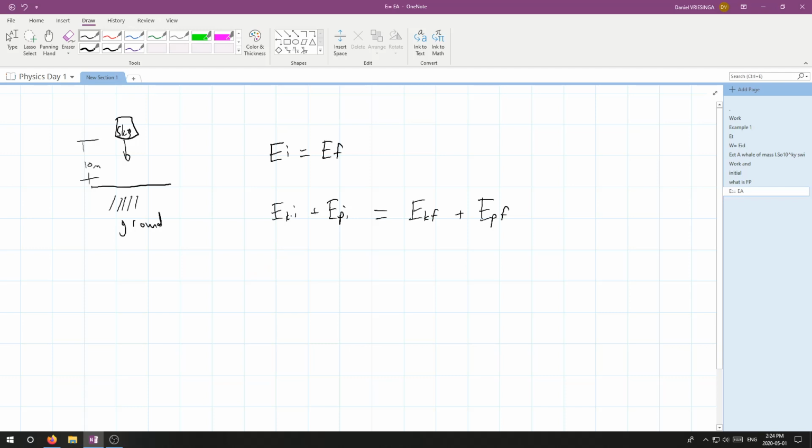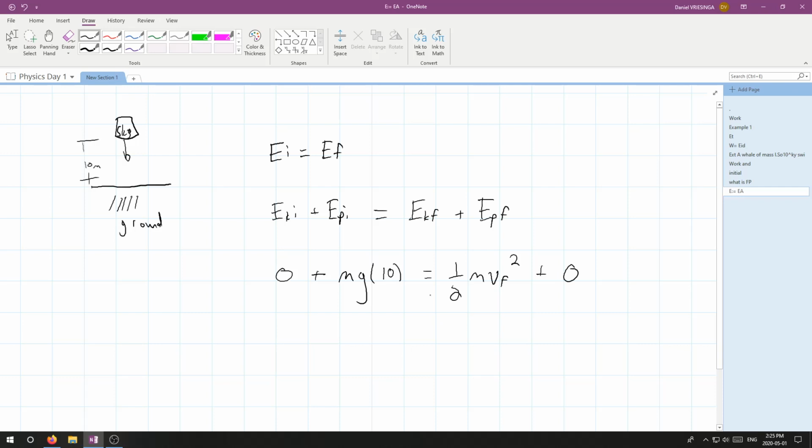So what's the initial kinetic energy of this box? It's 0. It's not moving. What's the initial potential energy of this box? It is mg times the change in height, right? Which is 10 meters. What is the final kinetic energy? That's what I'm looking for. So it's 1/2 mvf squared. And what's the final potential energy? It is 0 because the thing is on the ground, so the change in height is 0.